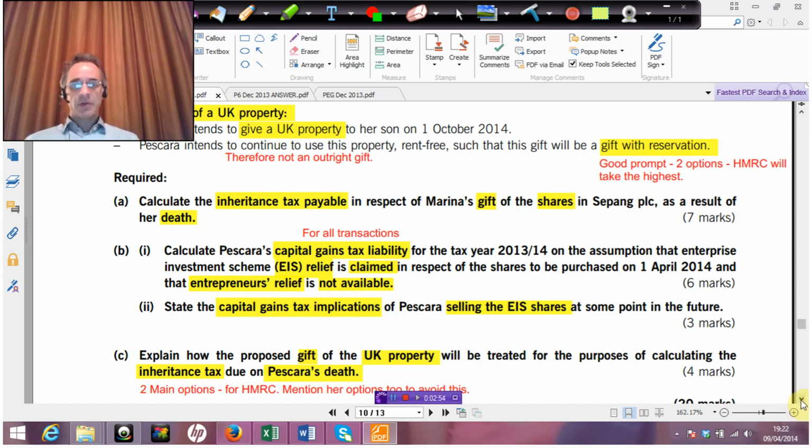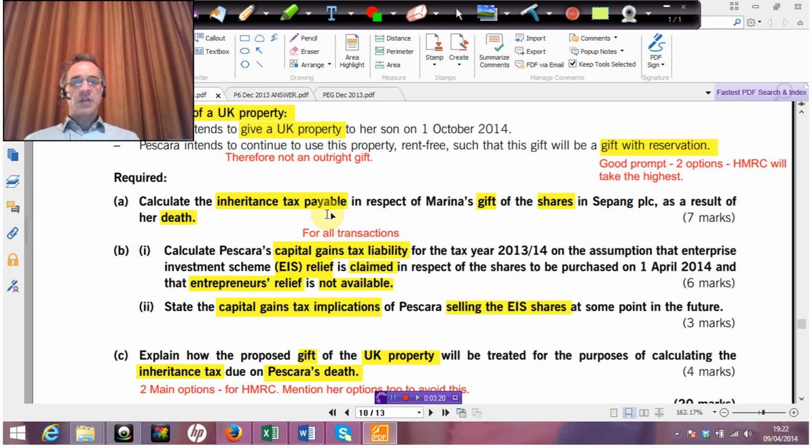It signposts them a little bit, but there are certain areas of this question that are a little bit tricky. The first area is part A: a calculation of IHT payable in relation to a gift of shares in a quoted company, and obviously they refer to the fact that she's died.